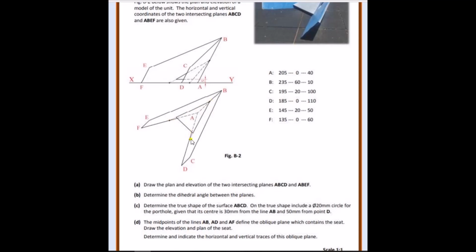This is also a point on the ground for the trace. If we connect these 2 points together, that's our horizontal trace. All we do then is take another point here, carry parallel to our horizontal trace, bring it up across, and we can find the vertical trace very easily.